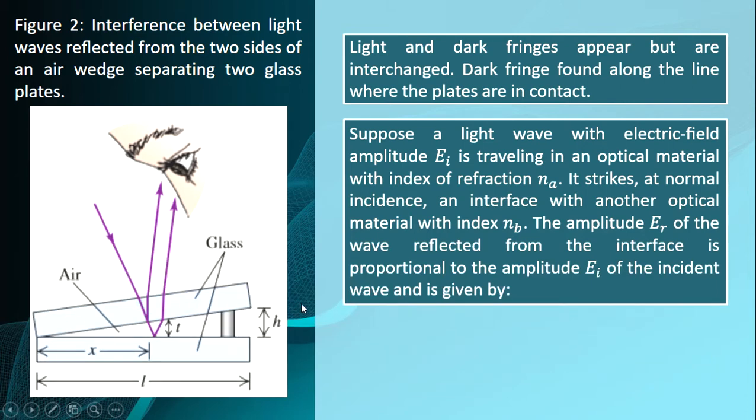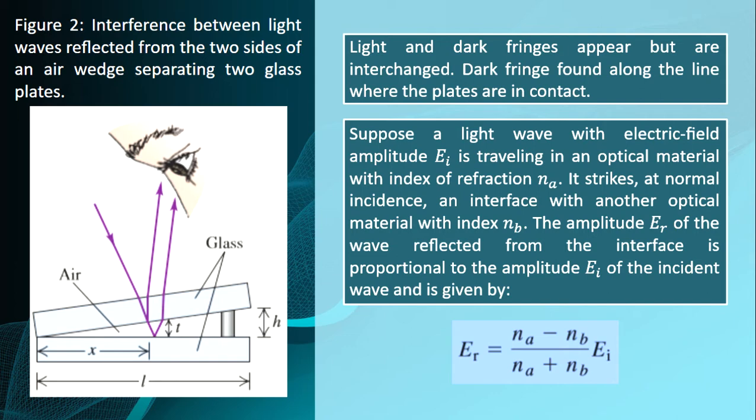Suppose a light wave with electric field amplitude E sub I is traveling in an optical material with index of refraction n sub A. It strikes at normal incidence an interface with another optical material with index n sub B. The amplitude E sub R of the wave reflected from the interface is proportional to the amplitude E sub I of the incident wave and is given by this equation.